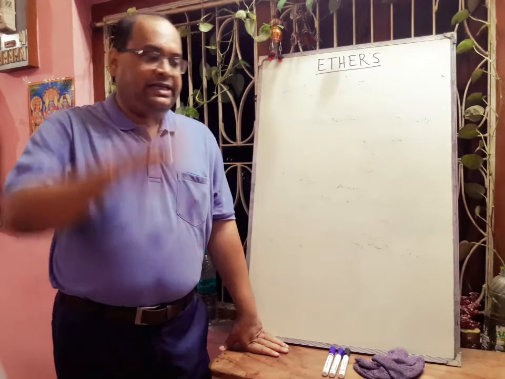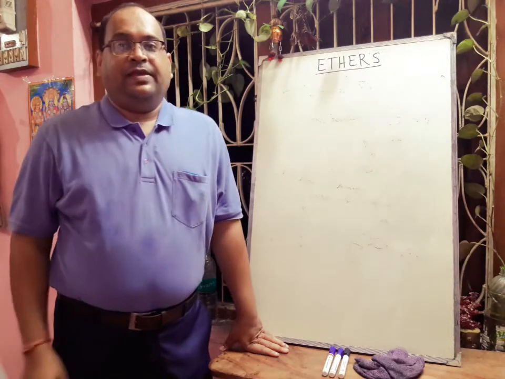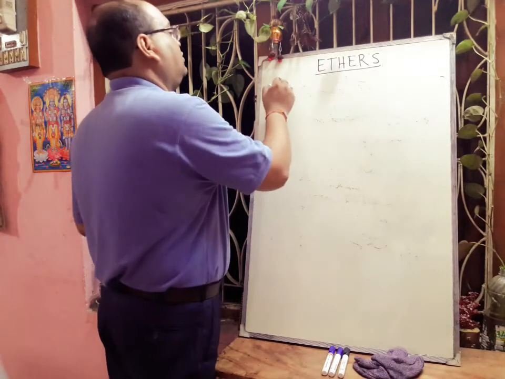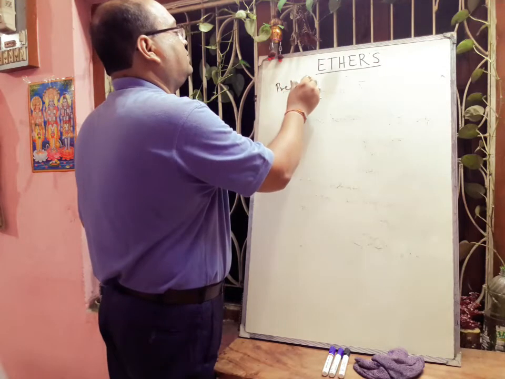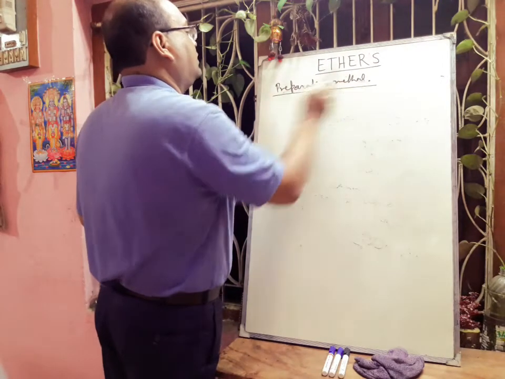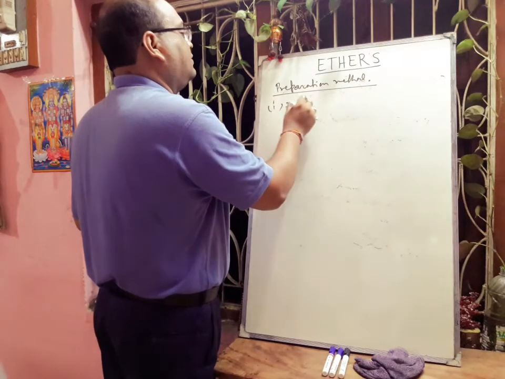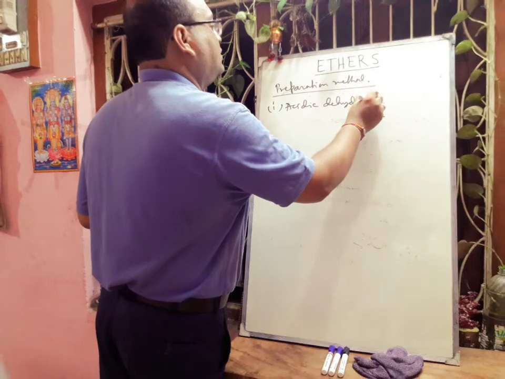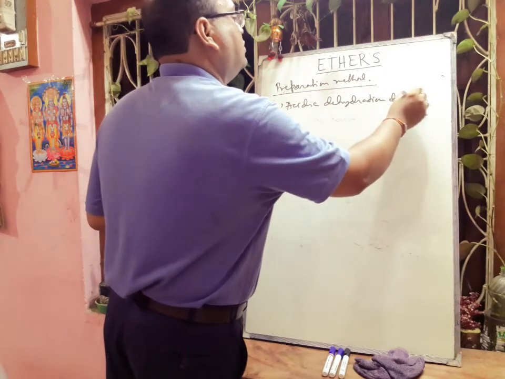Next we will discuss the preparation of ether. We have already discussed the acidic dehydration of alcohol. So one preparation method of ether is acidic dehydration of alcohols.